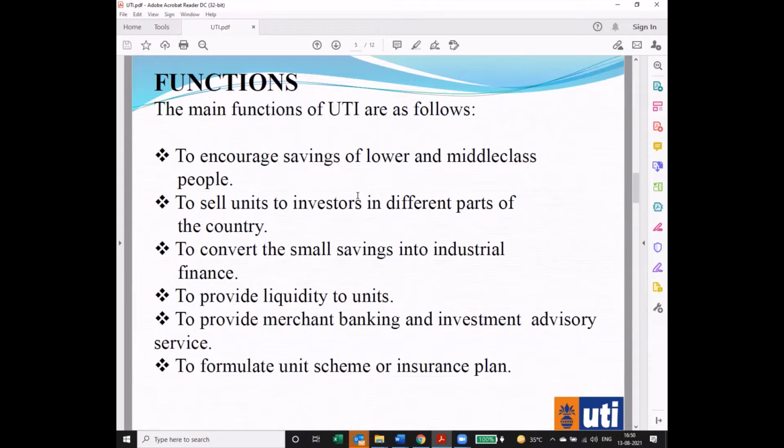One is a traditional conventional policy, and the second is non-traditional unconventional policy. Traditional conventional policy is that you invest some amount, maybe one time or maybe for 15-20 years, and then at the end of the tenure, the policy gets matured, or at the end of the life of the person, the policy gets matured and you get some lump sum amount. That is conventional method, which is not risky at all.